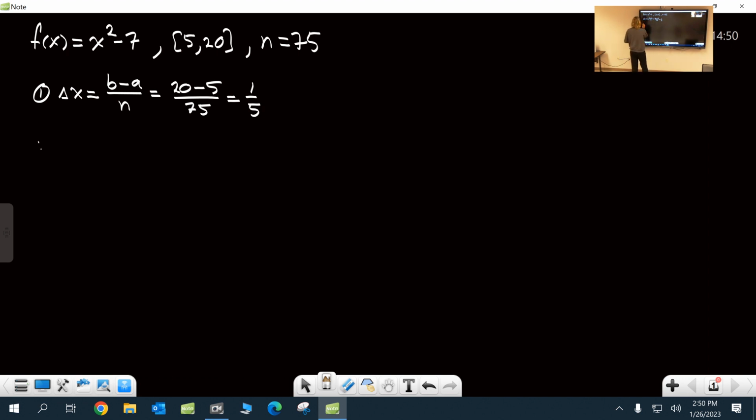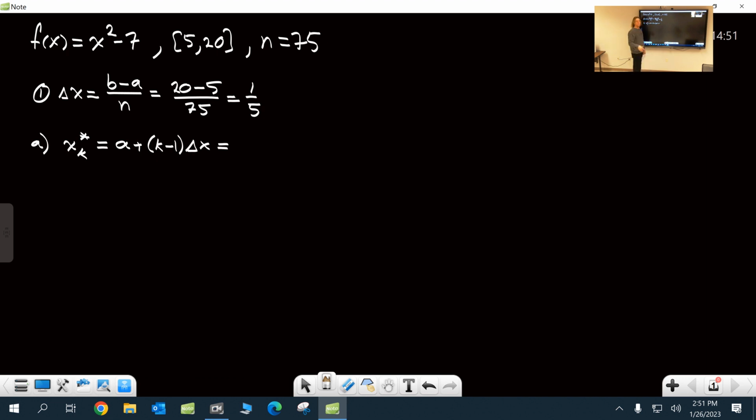So let's have a look at the left Riemann sum. For the left Riemann sum, I need to find the input value that I have to use to determine the height of my rectangles. If I just write down the general form, it would look like this.